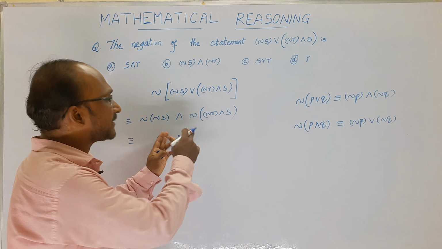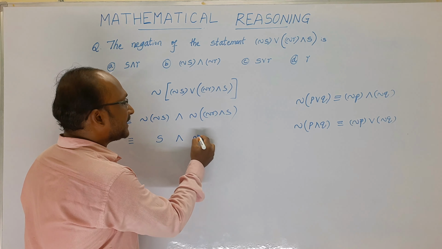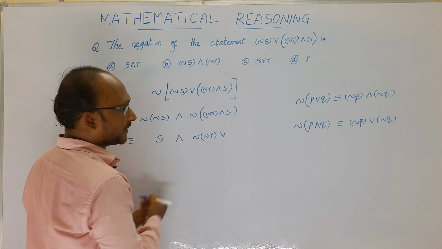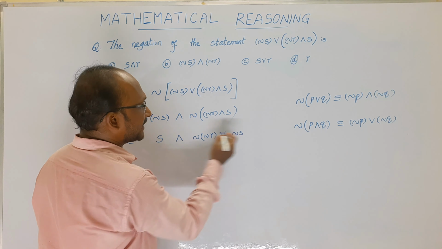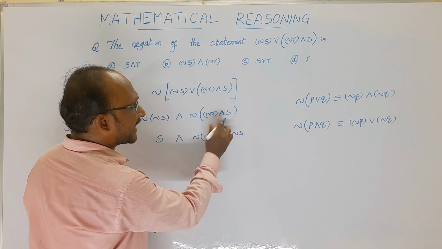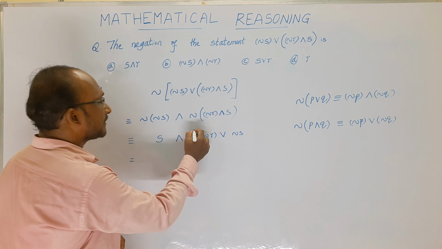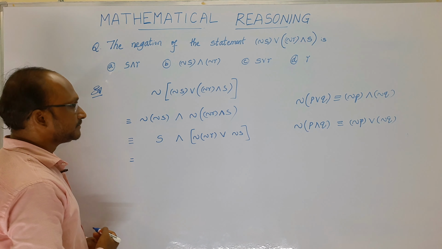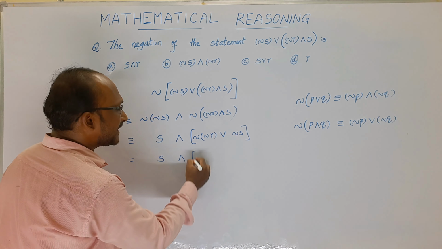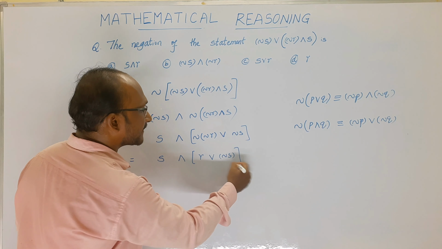The same changes let us make for this statement also. That is negation of negation Q, this and becomes or, negation P. It means we have given this negation to both the statements and we have changed this and as or. Again, P and negation of negation Q is Q, or negation P.